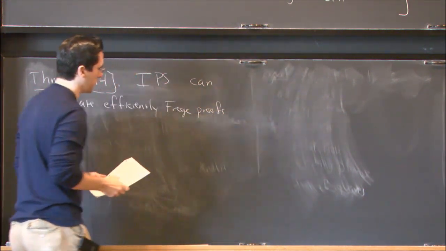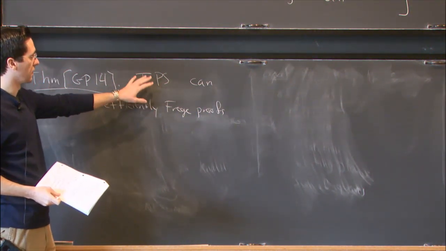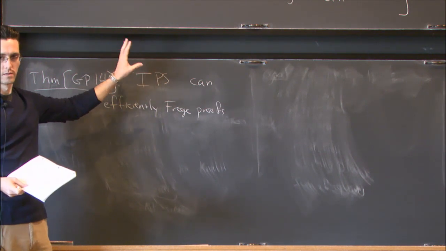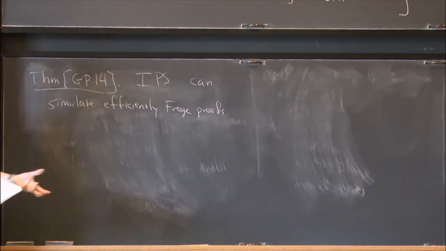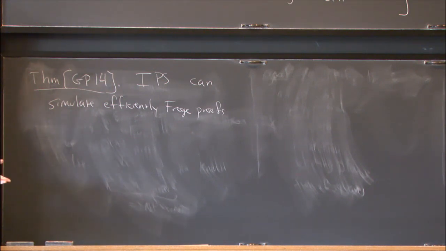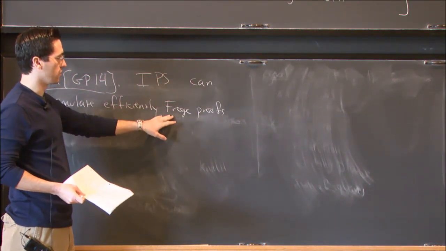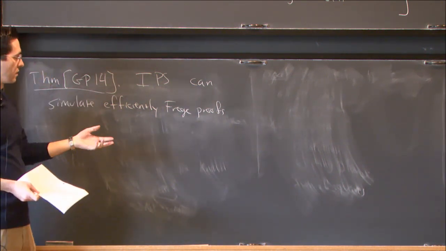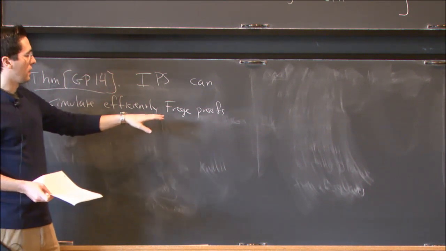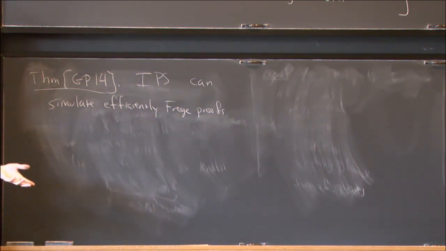And so what does this mean? It says that if you have something like this is sort of you have to parse this statement because IPS is about algebraic systems of equations. The Frege proofs are about propositional proofs like on Boolean formulas. So what this is saying is that if you can refute a Boolean formula using a small Frege proof, and you encode that Boolean formula, like if it was a CNF to say, as a system of polynomial equations, then IPS can also refute it with a similar size.